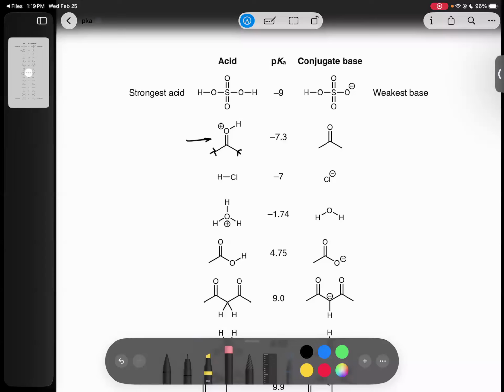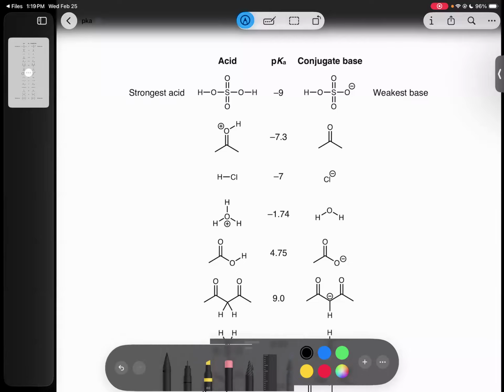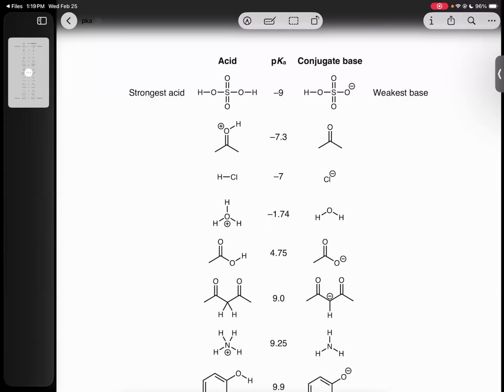But we want to be very specific here with the fact that the proton that has the pKa of minus 7.3 is the one attached to the oxygen. So when it comes off, you get a conjugate base of just plain acetone. So technically, pKa's are describing individual protons. But in practice, when we say the pKa of acetic acid is 4.75, we're talking about the most acidic proton, because that's the most reactive proton. And if we do an acid-base reaction, that's the one that's going to react.